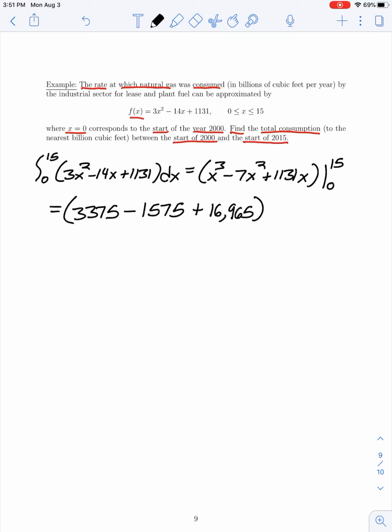And then we subtract what we get when we evaluate at x equals 0, but that value is 0, so we're subtracting nothing here. So after simplifying, we have 18,765, which is measured in billions of cubic feet.